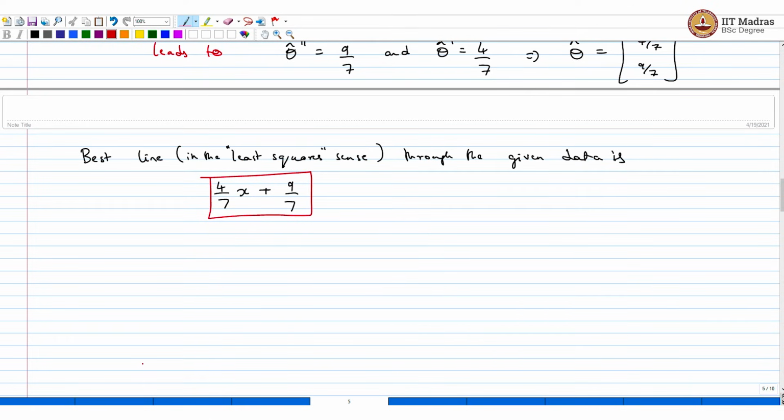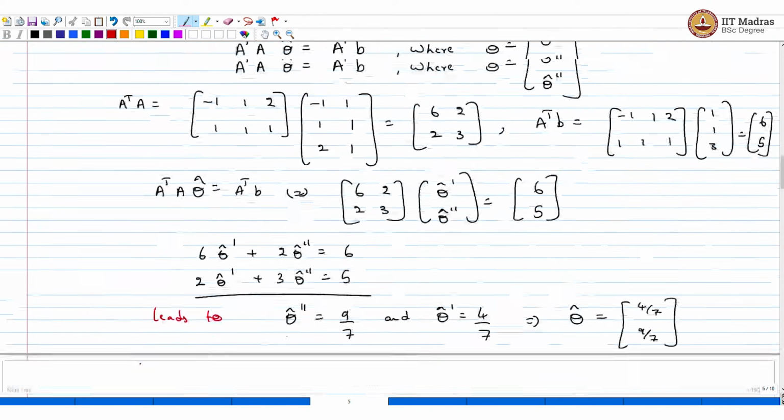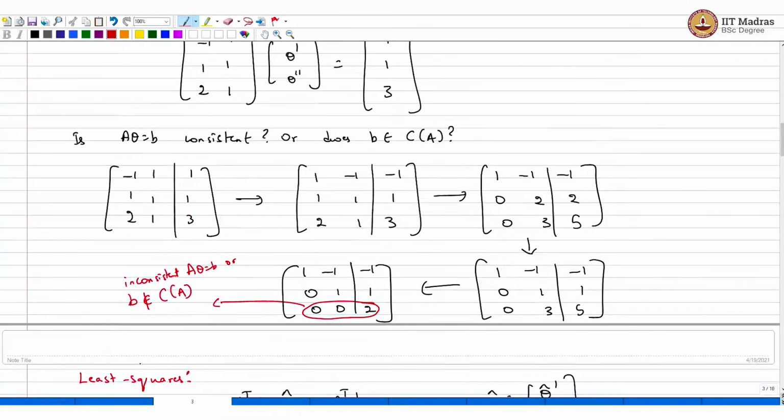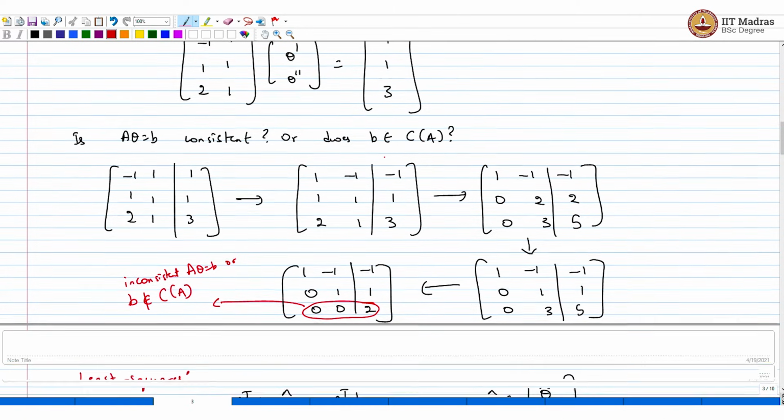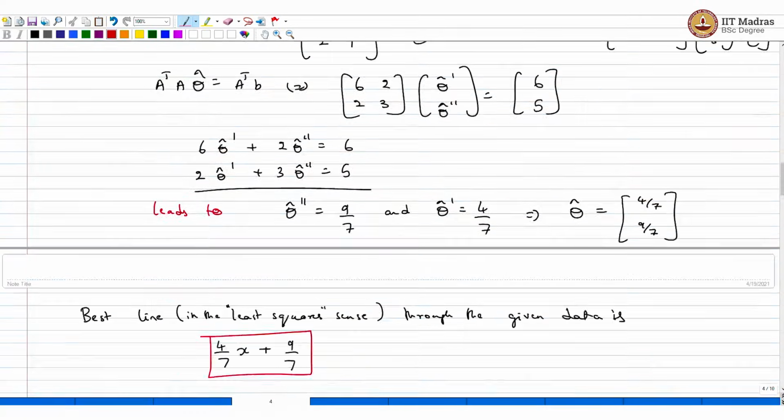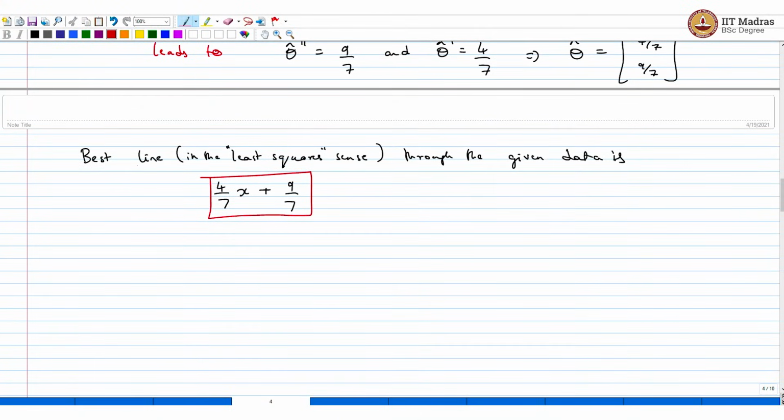Now, recall the data, using this B, whatever we got, the input points. So, just go back to the system of equations that you have here. The input points are -1, 1 and 2, and the outputs are 1, 1 and 3. And we just figured the best line is this. So, what are the projections?